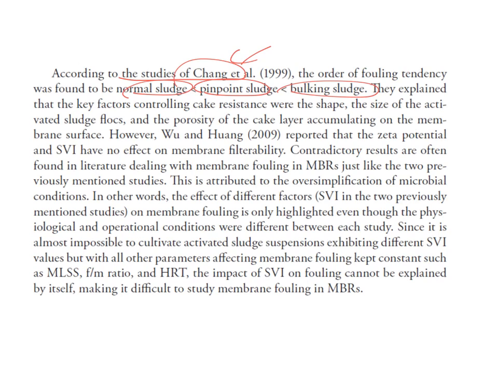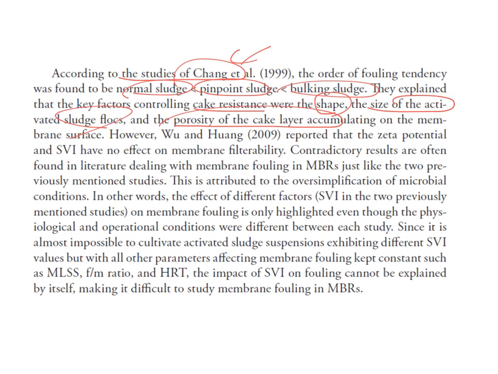It was found that the dominant factors affecting the cake resistance were the shape and size of the flocs, and the porosity of the cake layer. Researchers in another country also studied the relationship between zeta potential, SVI, and membrane filterability, and they found that there's no relationship.